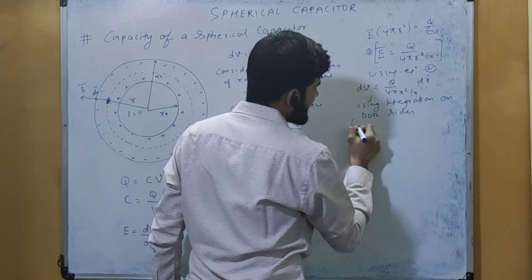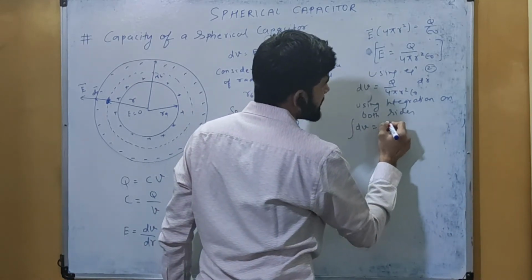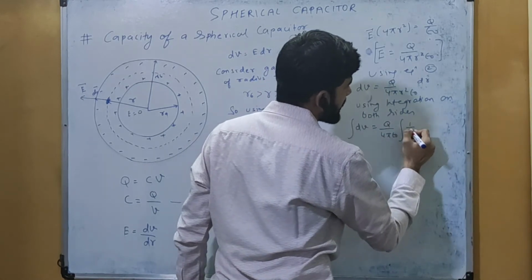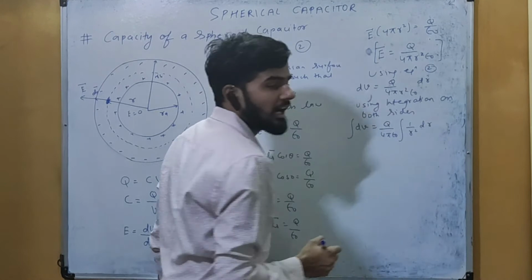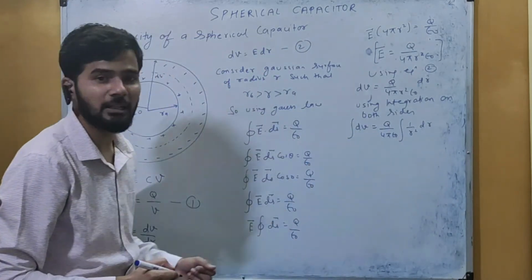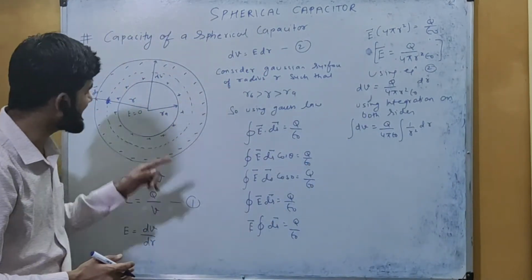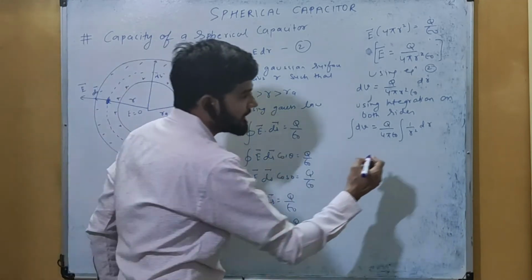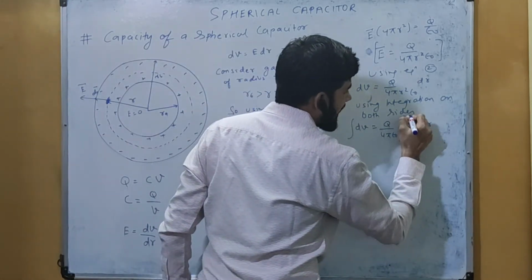I can write integration of dV is equal to q by 4 pi epsilon naught integration 1 by r square dr. And here you have to use the limits, because we have the limits for radius. This radius is starting from the initial RA to final RB. So I can write here RA to RB.